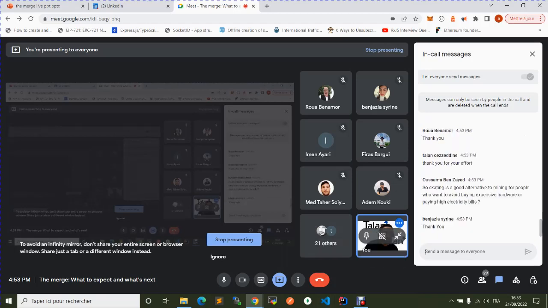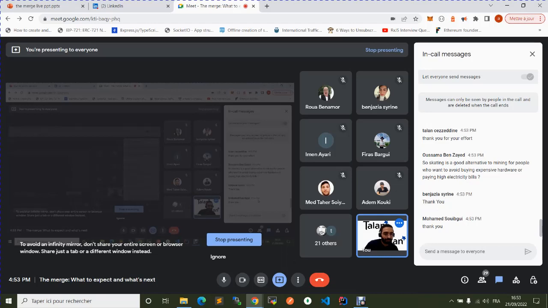Another question: is staking a good alternative to mining for people who want to avoid buying expensive hardware and paying electricity? Yes, it is a good alternative, but it's not that simple to say.